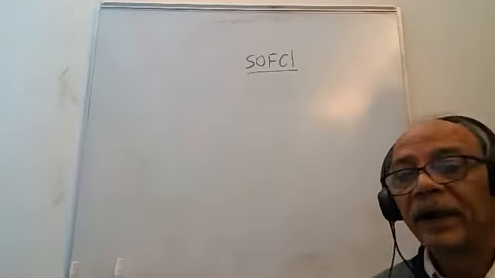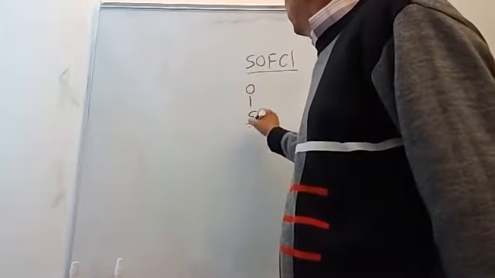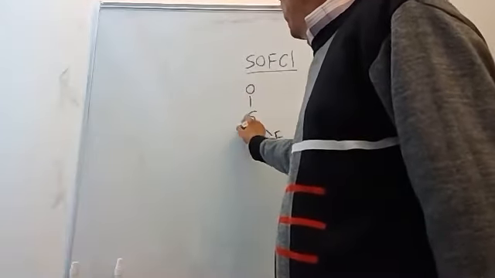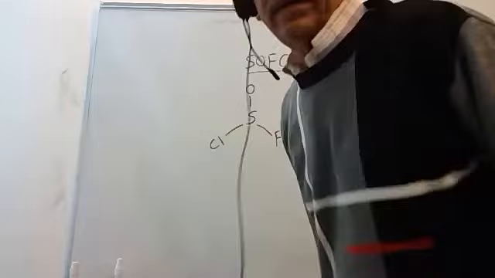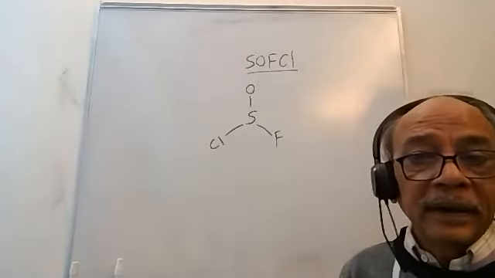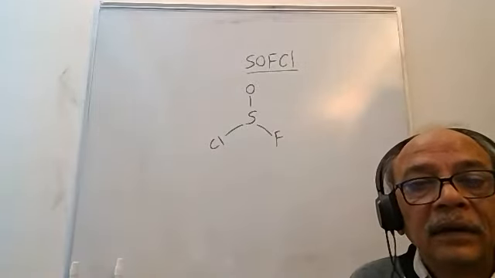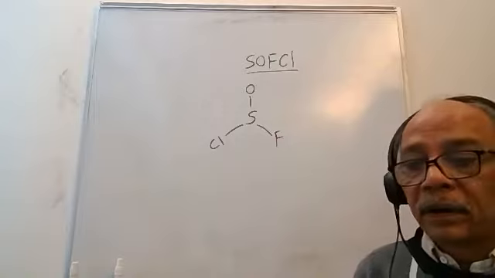So the way it happens is sulfur is the least electronegative, and then you have to have oxygen, and a fluorine, and a chlorine. But that's a skeleton. That's not the completed Lewis structure. So what does a complete Lewis structure look like, folks?